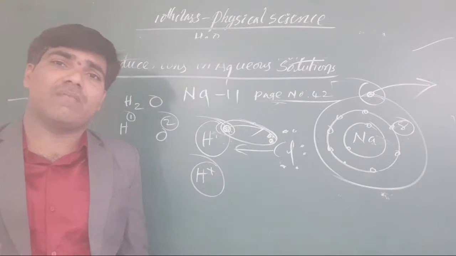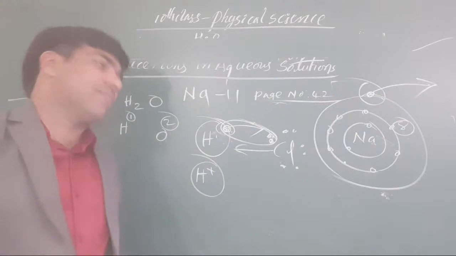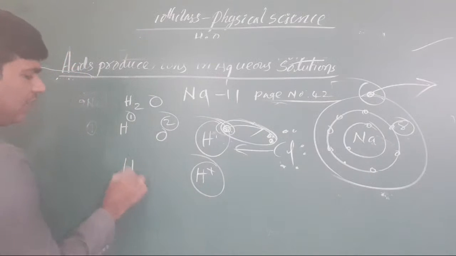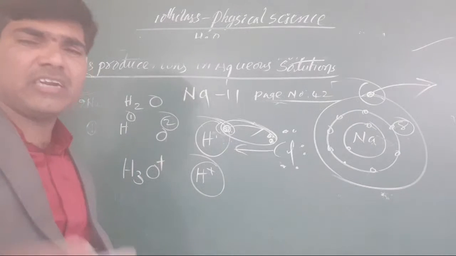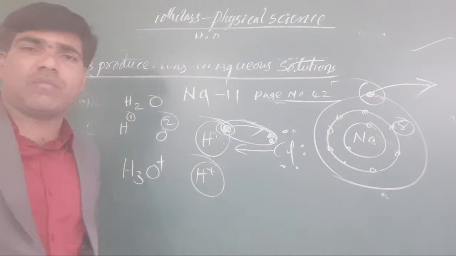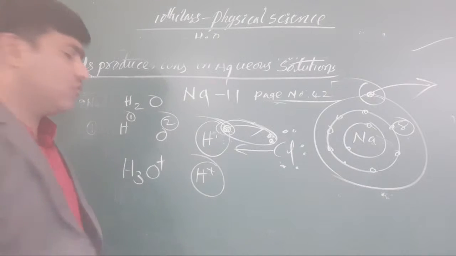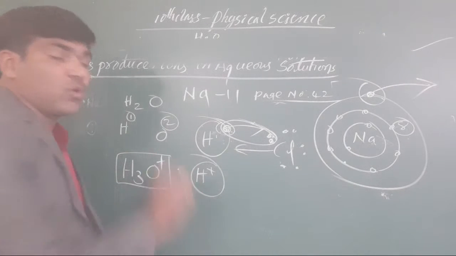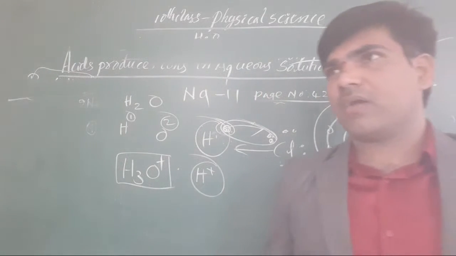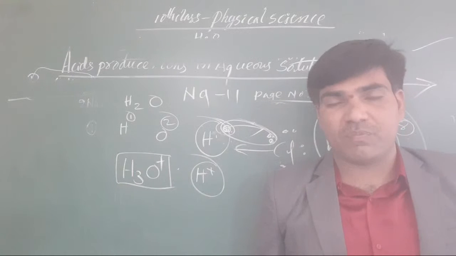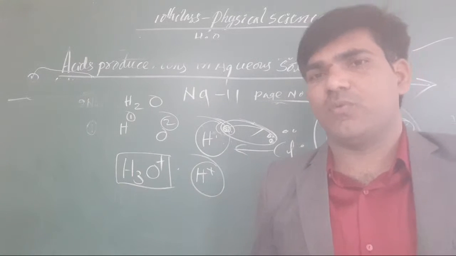It is taken by them, and it becomes H3O plus ions. It is combined with any one of the water molecules, and at that time it is converted into a hydronium ion. Very important question for 1 mark, otherwise it may be asked for you for the bits purpose.